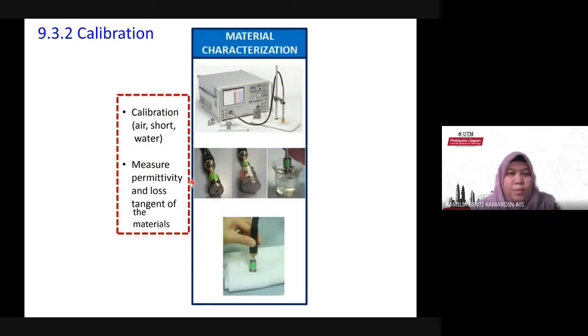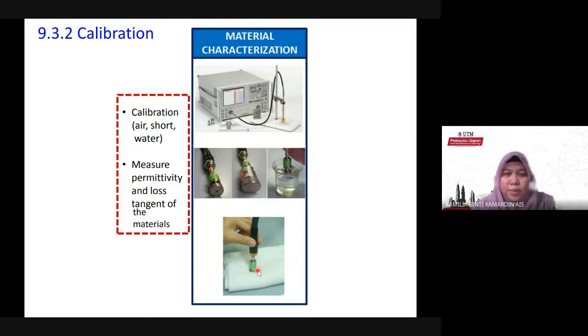Okay, so before we do the measurement, we need to do the calibration. So we need to calibrate it with air calibration, short calibration, as well as water. And then we can start measuring the permittivity, loss tangent, and the material. So this is air calibration, short calibration, water calibration, and these are the steps of actually measuring the sample.